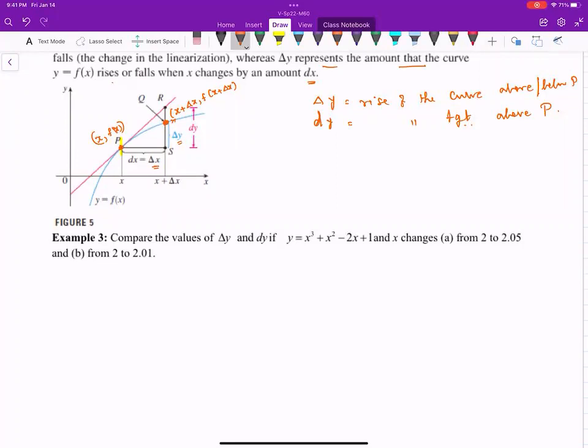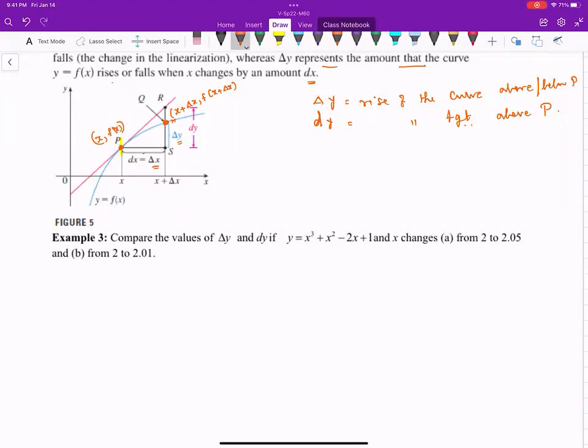In the second part, it's 2 to 2.01. The method is the same. So we are comparing the values of delta y to dy. The idea is that we want to make delta y and dy almost equal. That's why the word differential is used.